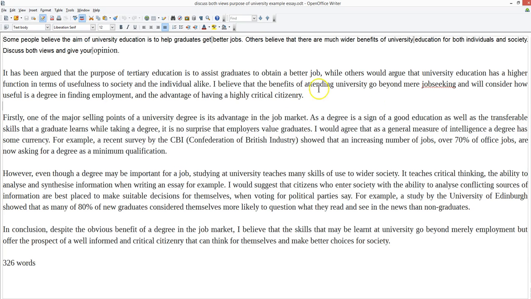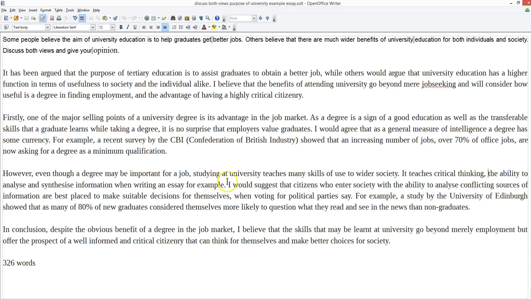And how useful is a degree in finding employment? So that's what that's talking about. And the advantage of having a highly critical citizenry. In other words, being highly educated means that you can think for yourself. It teaches the critical thinking skills.